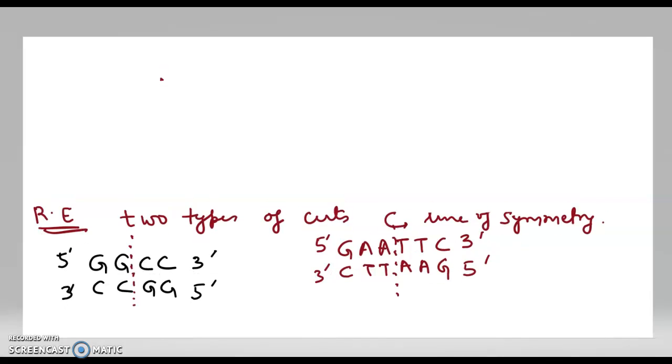Now what will happen if a cut is produced? Let me make it again. This is GGCC, and here is the line of symmetry.